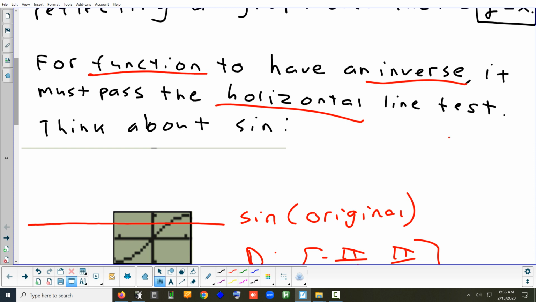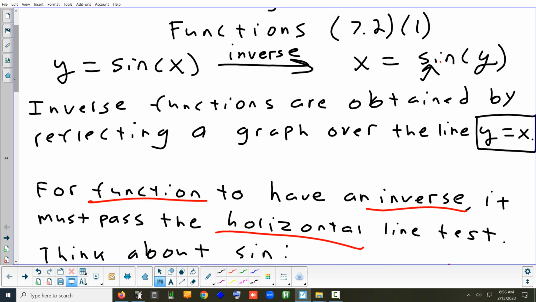But what's going to be the domain and the range? Well, what did we say was that line that a function and its inverse are mirror images over? Yeah? Y is equal to X. Y is equal to X. So what that basically means is when you change something into its inverse, Y is equal to the X, and X is equal to the Y. The Y's and the X's switch places when you change something into an inverse.